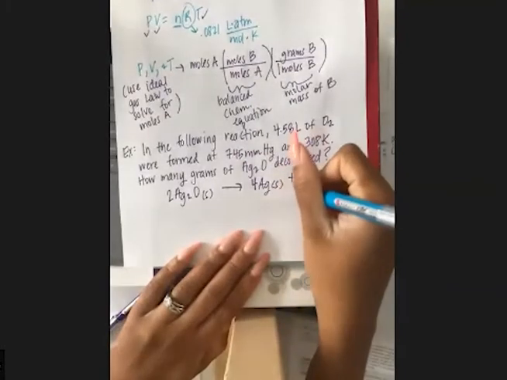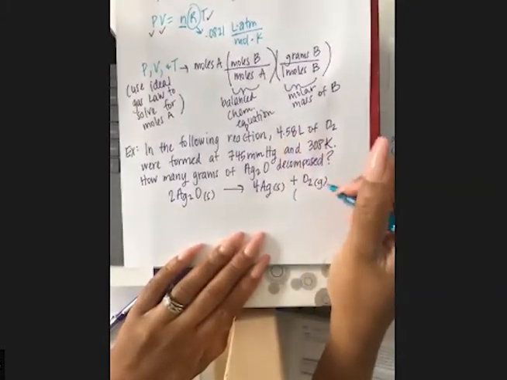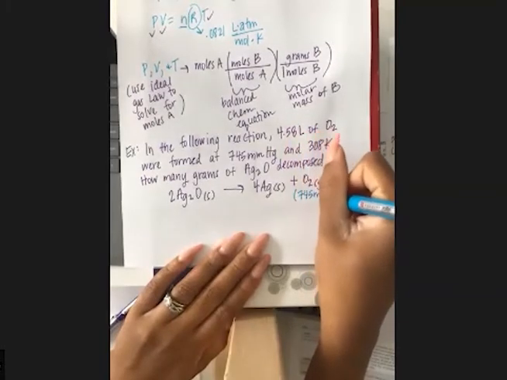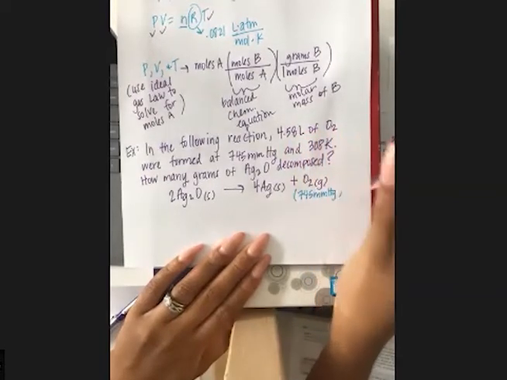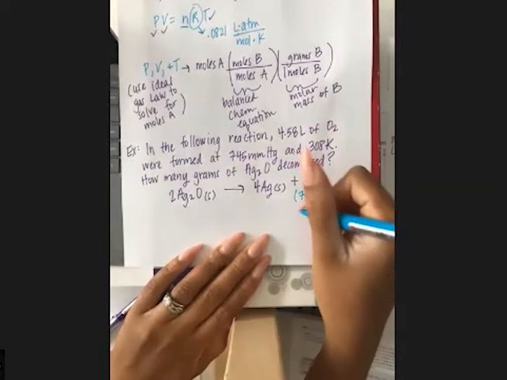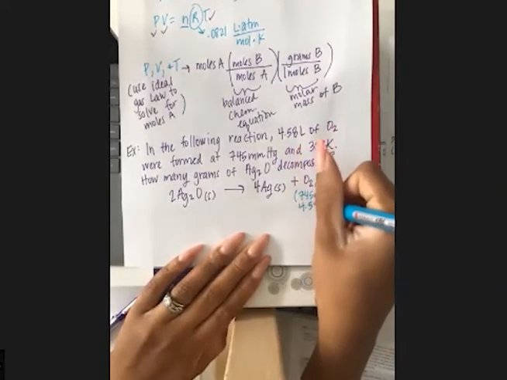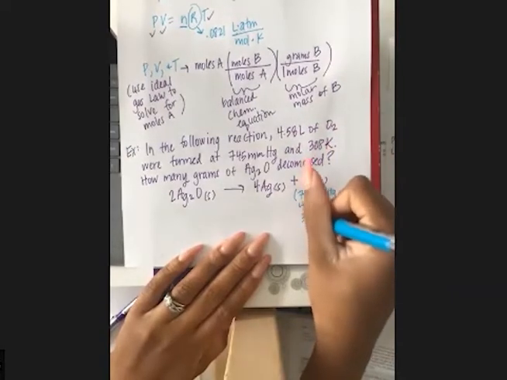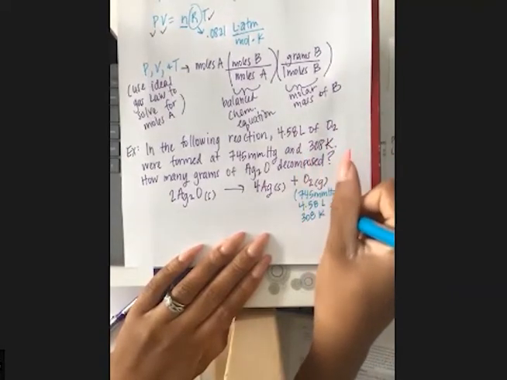So for my oxygen gas, I have a pressure, which is 745 millimeters of mercury, a volume, which is 4.58 liters, and a temperature, which is 308 Kelvin.